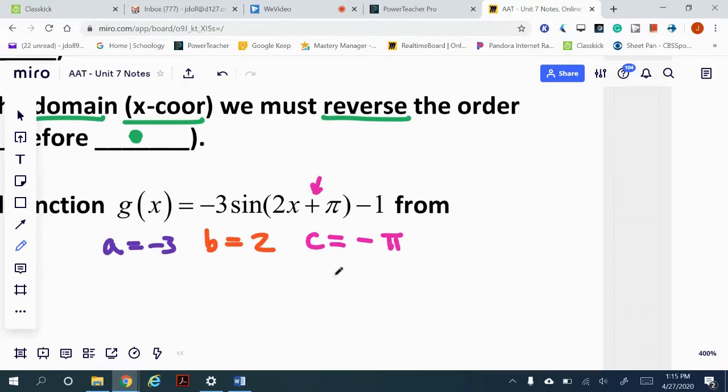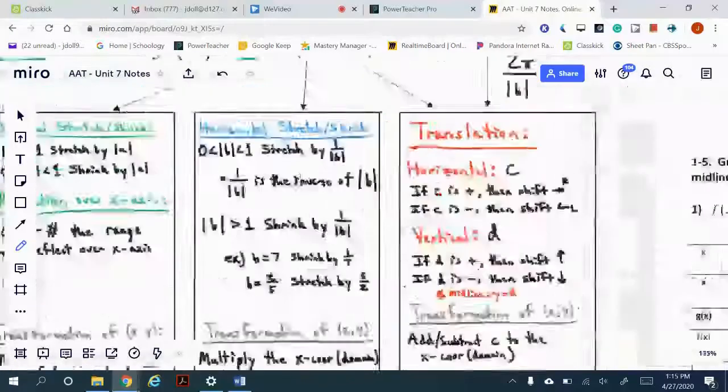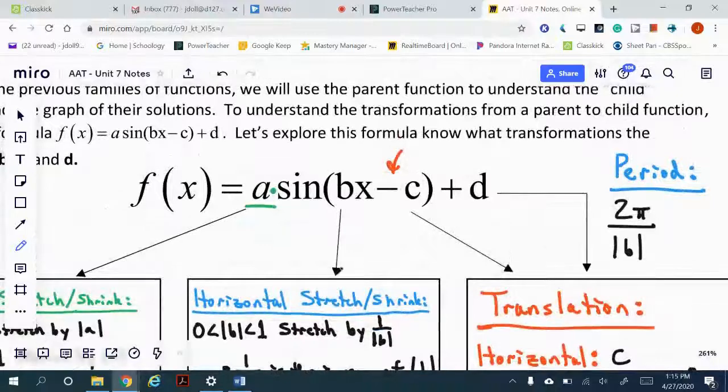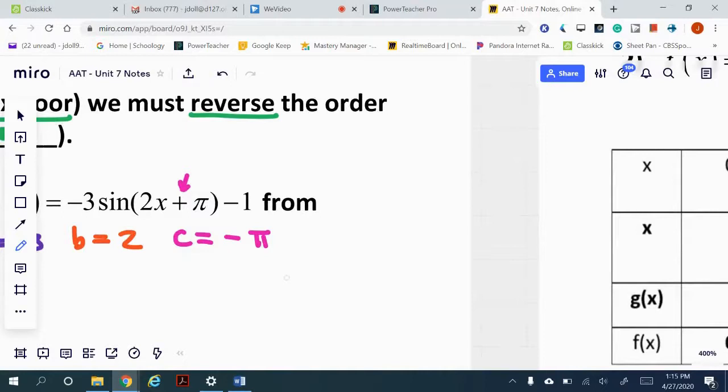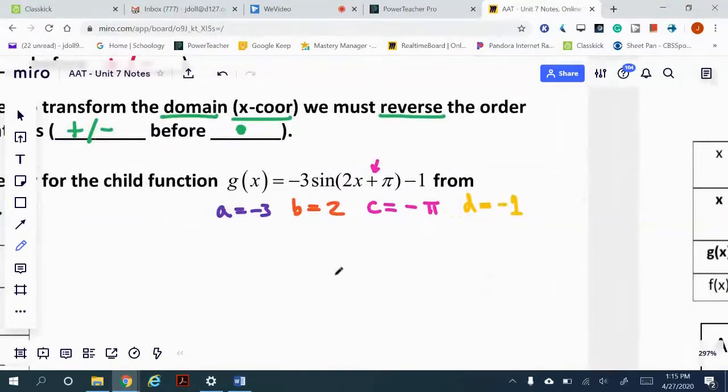Remember, that is an addition symbol. In our formula, we pointed that out up here, it was subtraction. Since it changed from subtraction to addition, that's actually a -pi. And just like I think most of us would recognize here, D is what it is, -1, which actually is also a change. In the initial formula, it's plus D. Now we have -1, so it's -D.